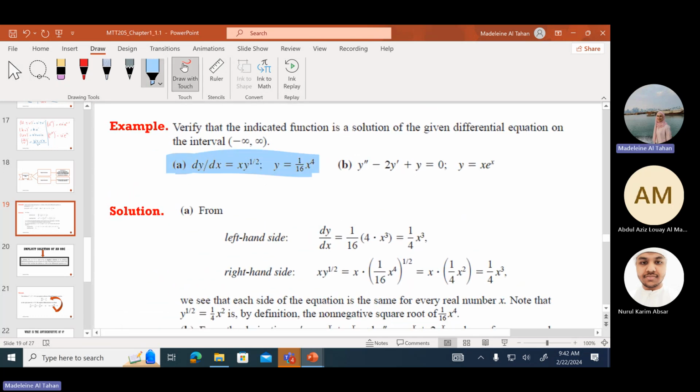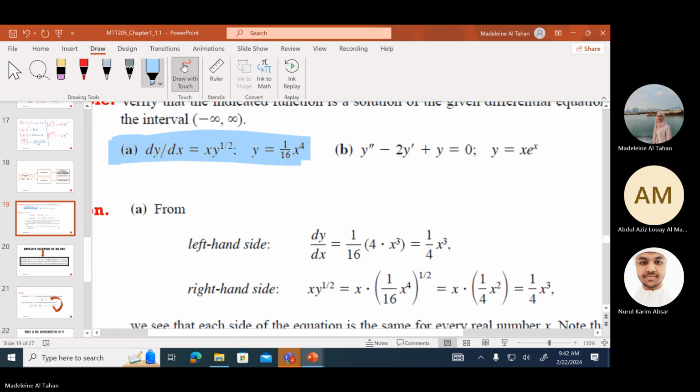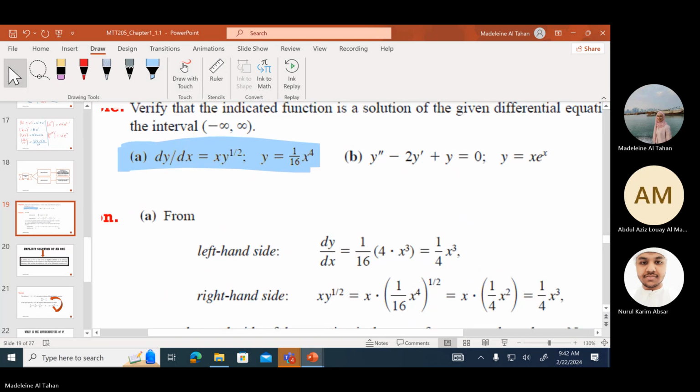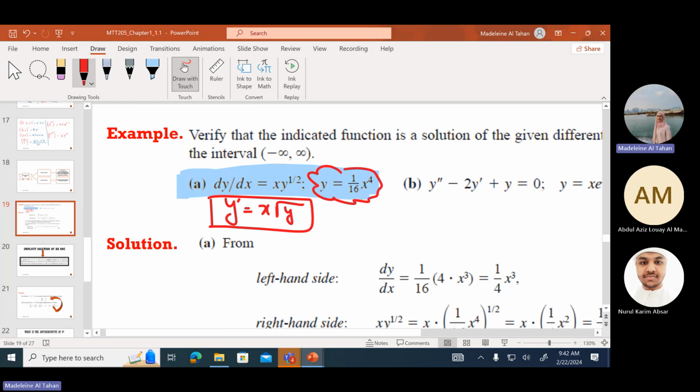Let's look at this differential equation. Are we able to view it, or should I do more? We have this differential equation, which is y prime equal x radical y. We can write it like this. We want to check if this one is a solution. Can we start with it? So here we are not asked to solve it.